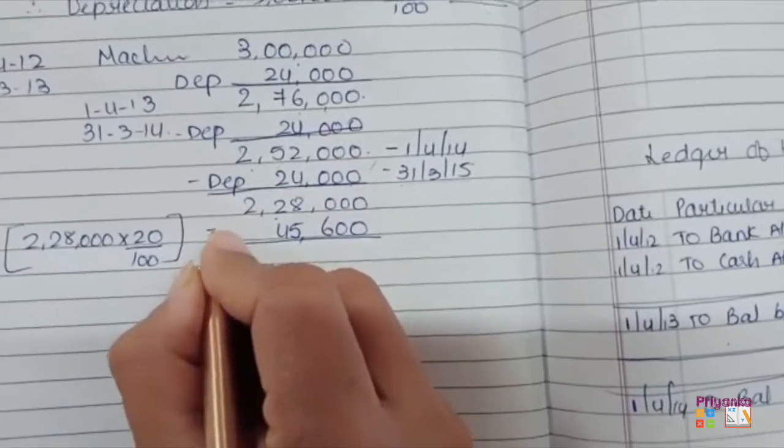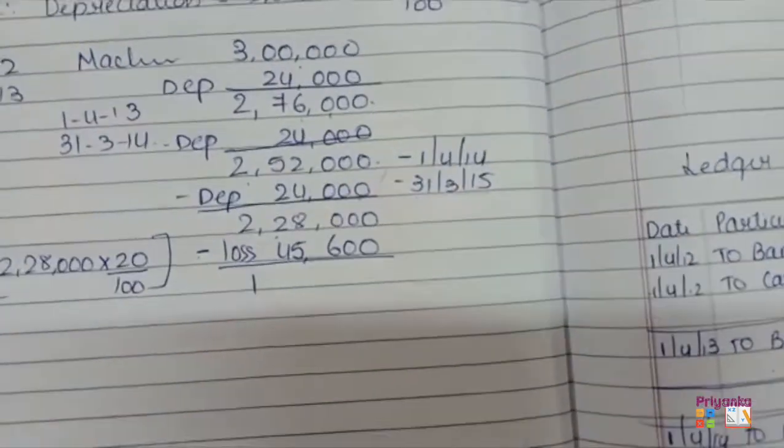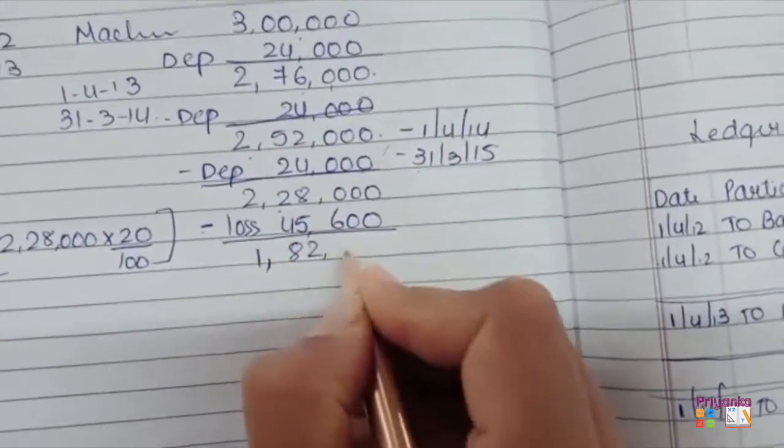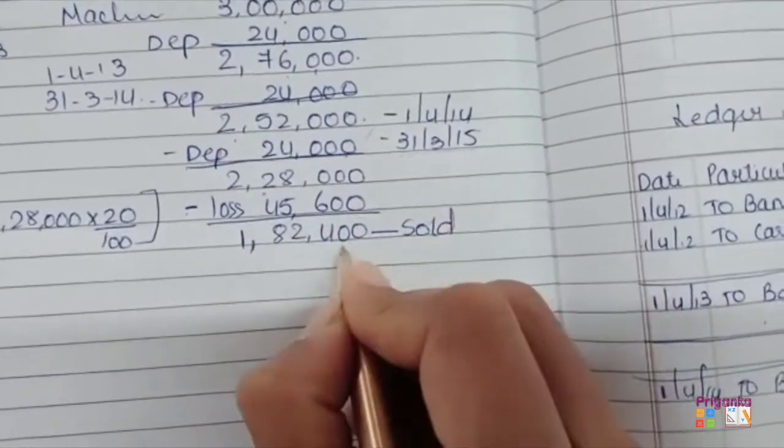And as this is the loss, so we are going to make it minus. So here value is 1,82,400. On this price the machine has been sold.